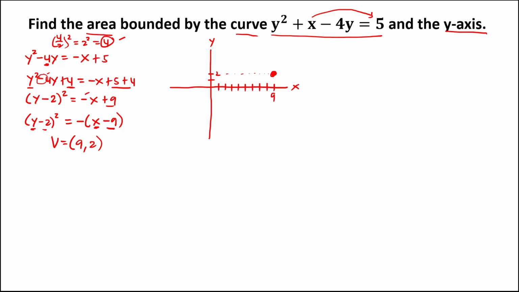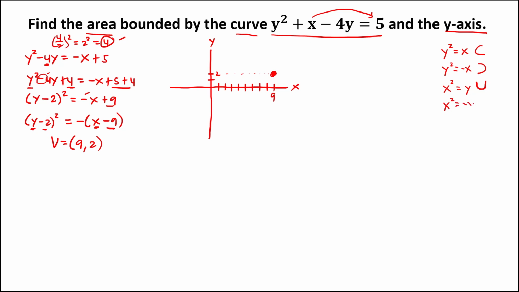Then for the graph of this curve, take note that if we have y squared equals positive x, this curve opens to the right. For y squared equals negative x, this curve opens to the left. For x squared equals positive y, this curve opens upward.